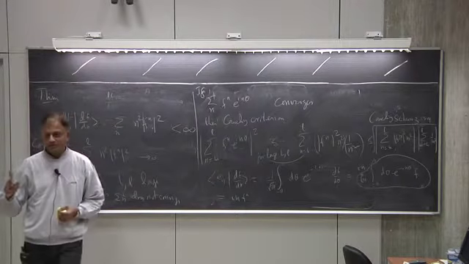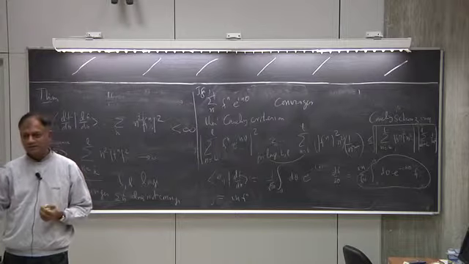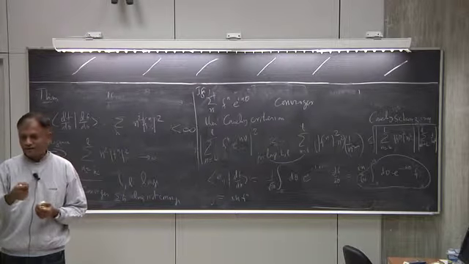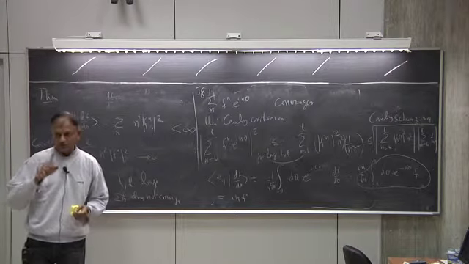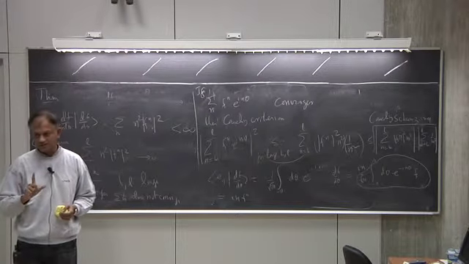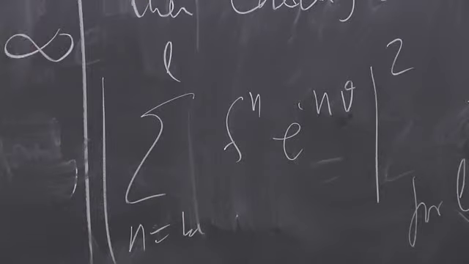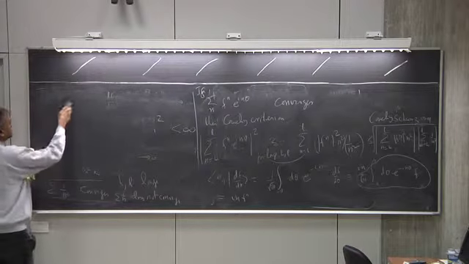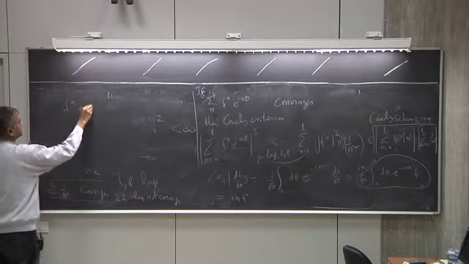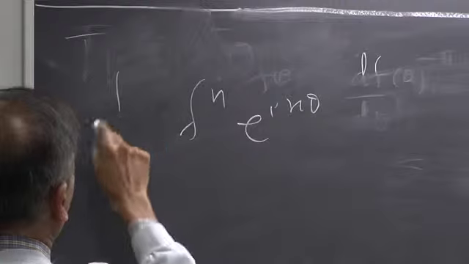When you have uniform convergence, you can commute many things, right? Remember we discussed that you can commute integration. In the same way, the notion of continuity also commutes. The statement is that if I'm given a series, here what we have is Fn e to the I n theta, times 1 over root 2 pi.